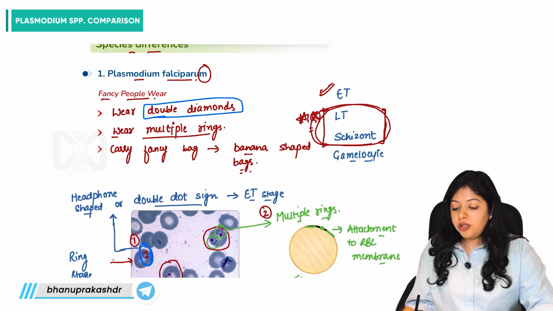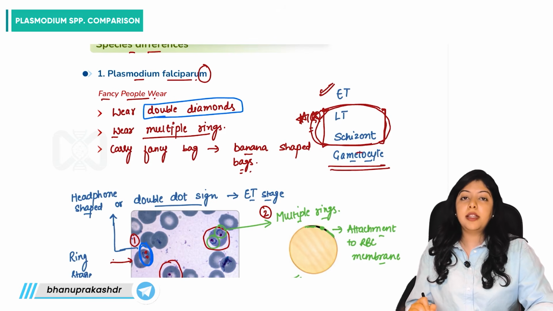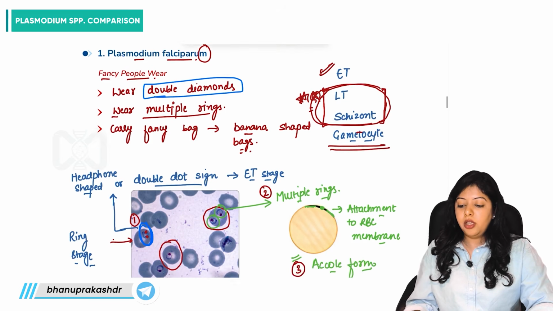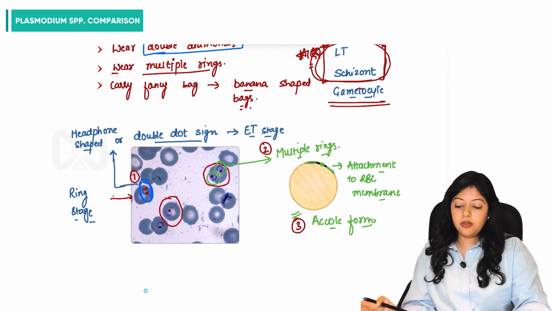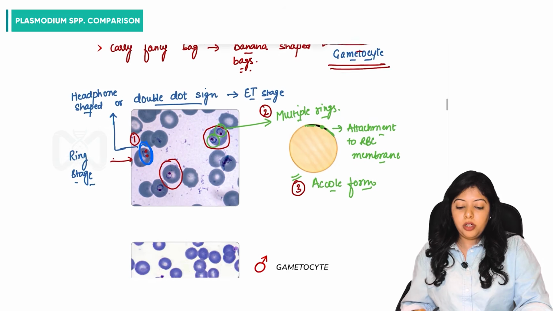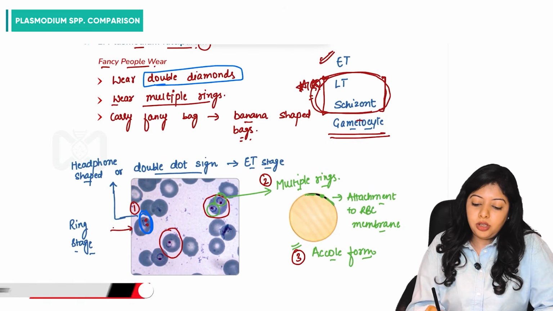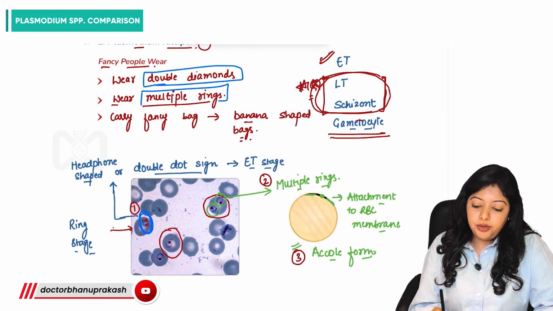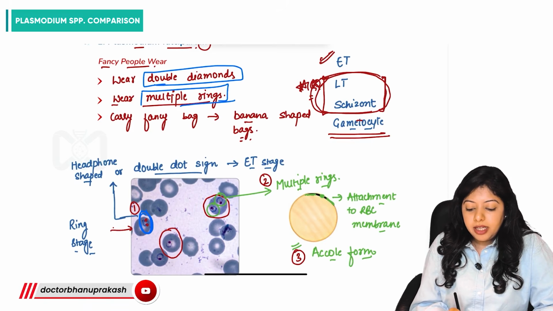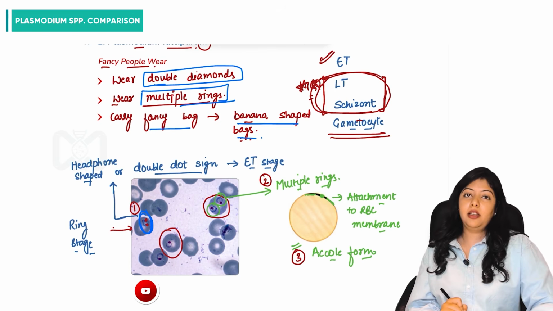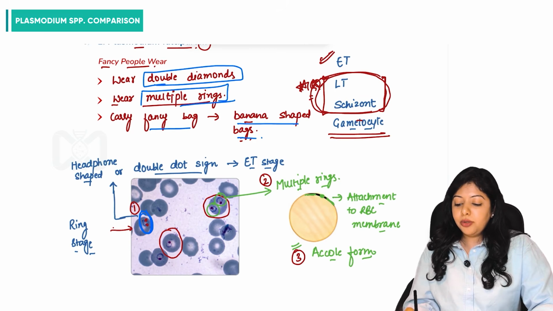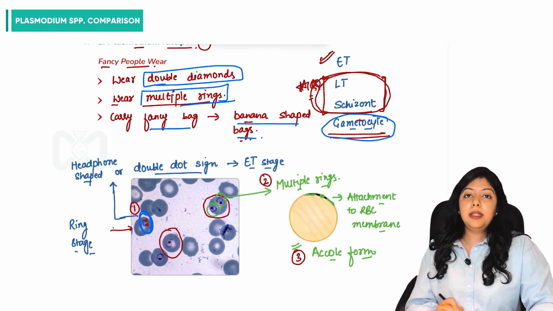Now, a special thing about Plasmodium falciparum gametocyte. So gametocytes are going to be naturally female and male gametocytes, right? So the third part of our mnemonic or story, these fancy people, they carry fancy or quirky bags like a banana shaped bag. So what is the gametocyte for falciparum malaria?